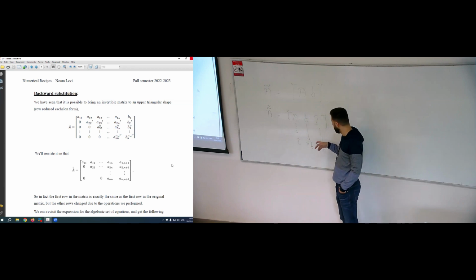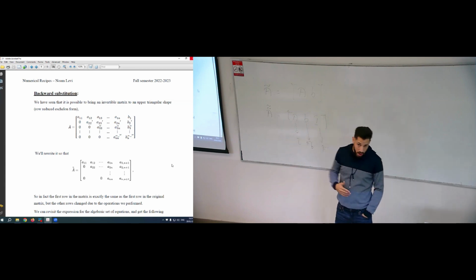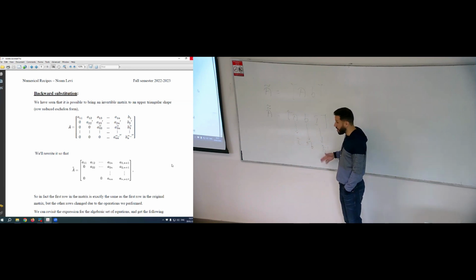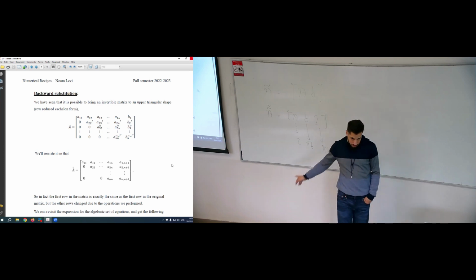You can think about it and see that if you get to A minus 1, it will have its errors because of the rounding, etc. And when you multiply it by b, you will have some cumulative errors, and this will be more accurate than taking this and multiplying it by b.